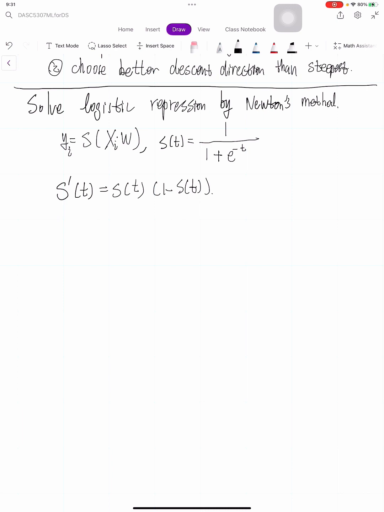Recall the cost function equals negative summation, if you check last lecture's notes, i from 1 to n, y_i times natural log s_i plus 1 minus y_i times natural log 1 minus s_i.